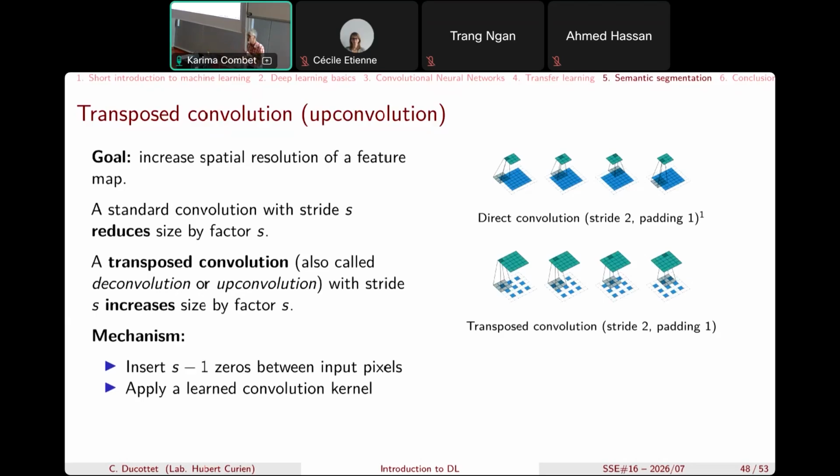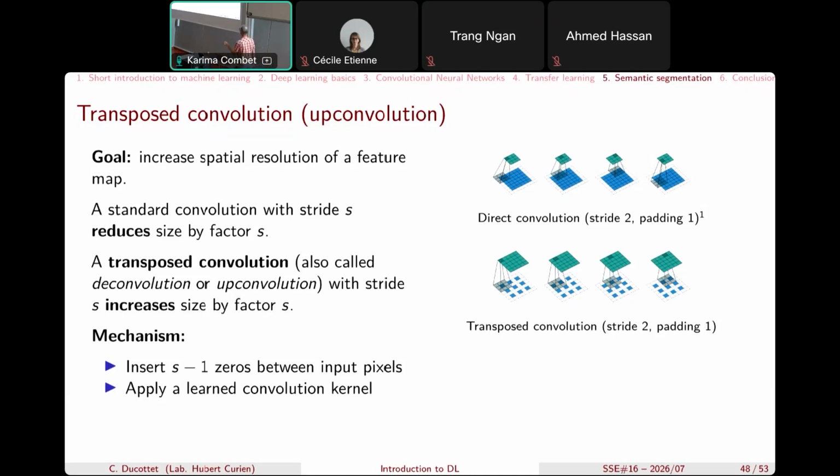So we want to do something which will be the inverse. How can we do that? We take our initial pixels here, which are blue. We add some zero values in between each pixel. In such a way, we increase the spatial resolution by adding some zeros. It's a strange strategy, but it could be done like that.